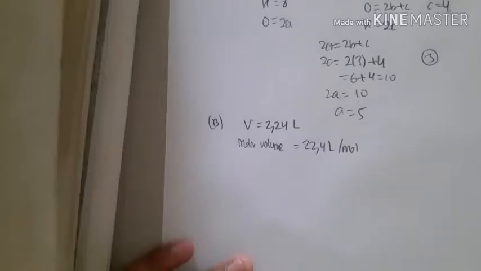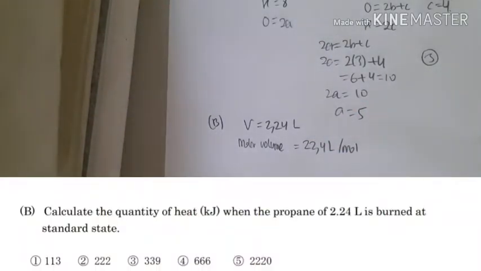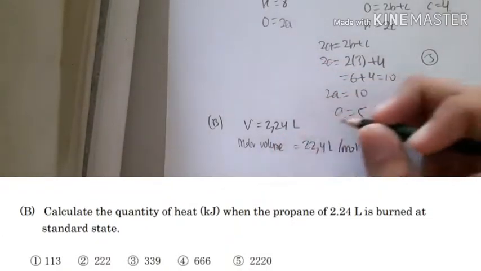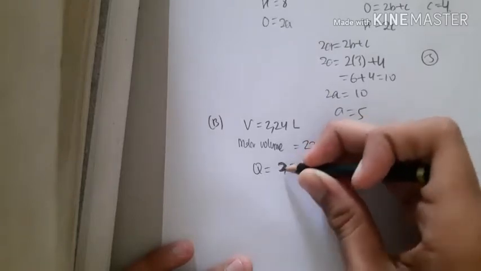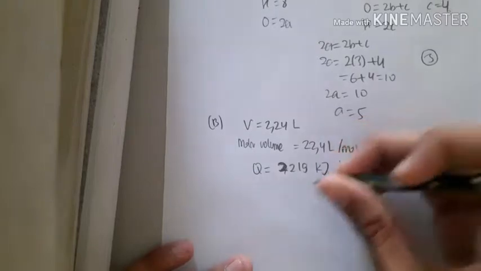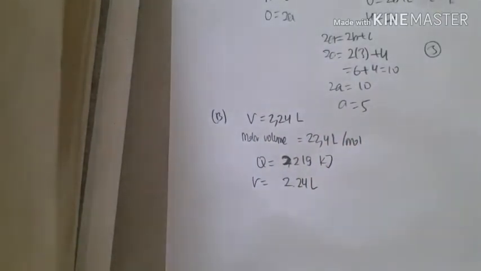So now this is actually a simple question. You see that at question A, it has the value of Q, which is 2219 kilojoule. And now we have a volume of 2.24 liter.